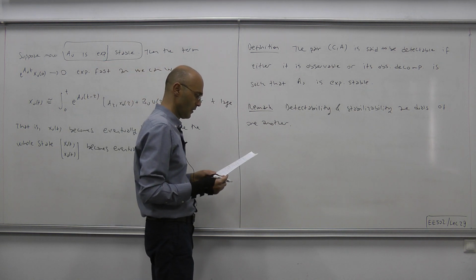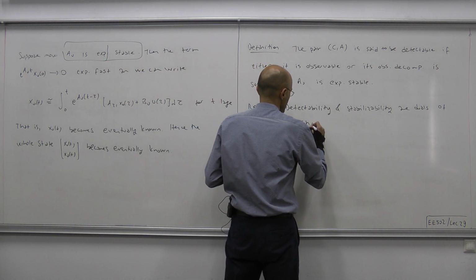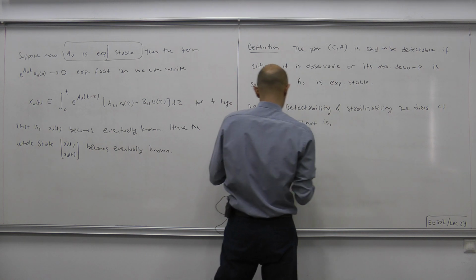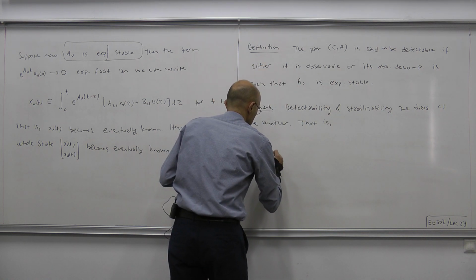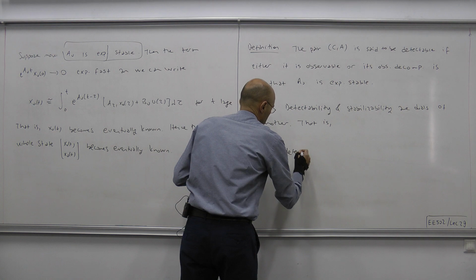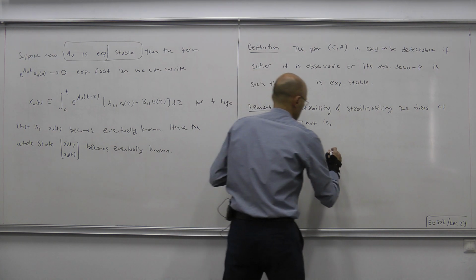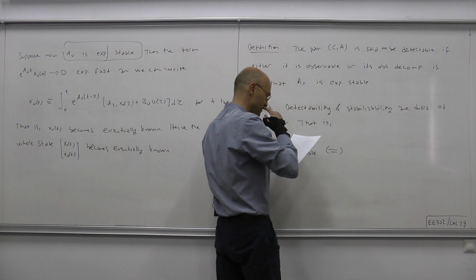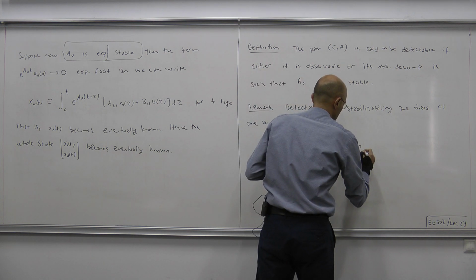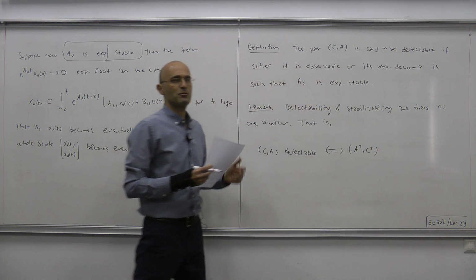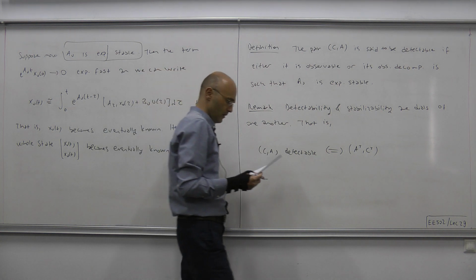And we're going to quickly revisit or generate all the corresponding detectability results from the stabilizability tests that we studied earlier. That is, the pair CA is detectable if and only if the pair A transpose, C transpose is stabilizable.